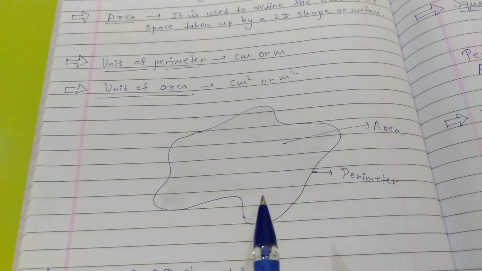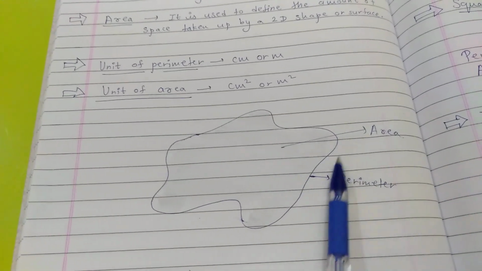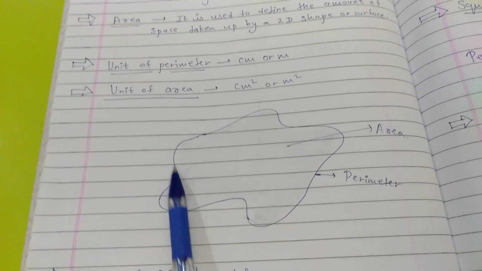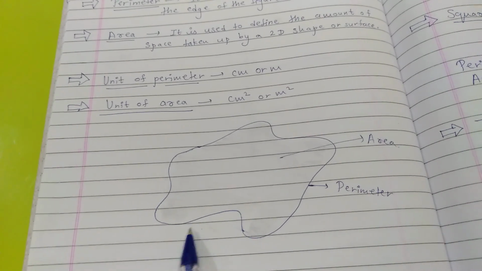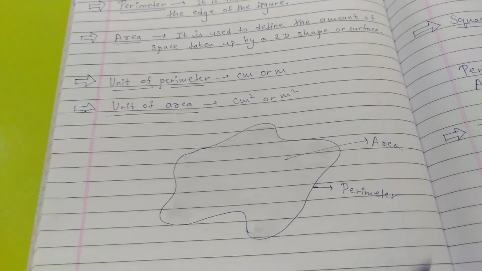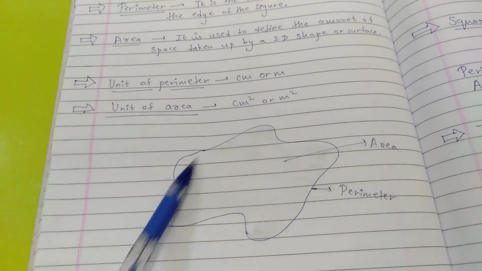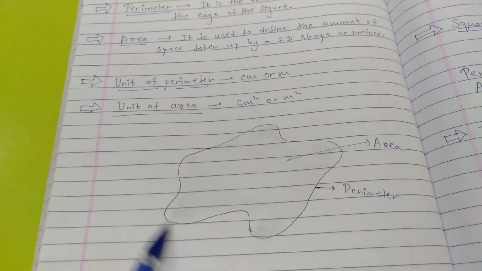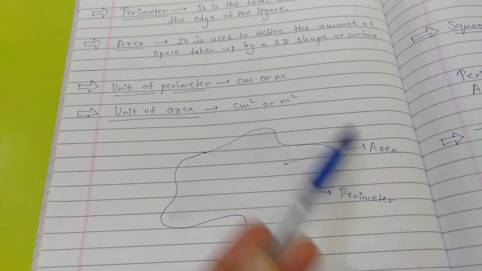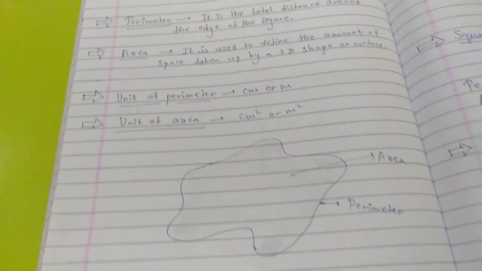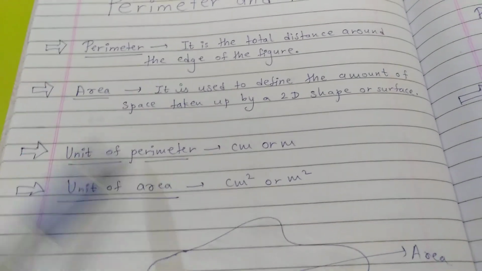So this is the perimeter of this random figure. You can also define perimeter of a figure as its boundary. The length of the boundary of any 2D closed figure is its perimeter.